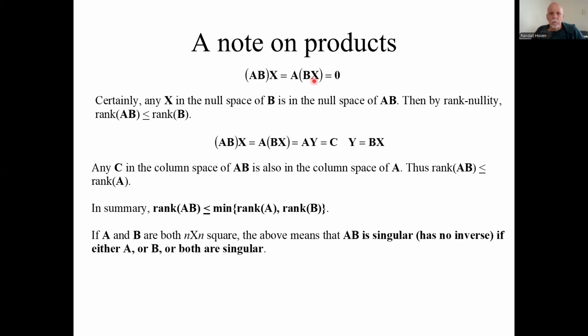So anytime Bx is, meaning x, if x is in the null space of B, then it's certainly in the null space of AB, because you're still going to get 0 even if you plug it into this equation. That means the rank of the product is no bigger than the rank of B itself. I guess you could say either way.